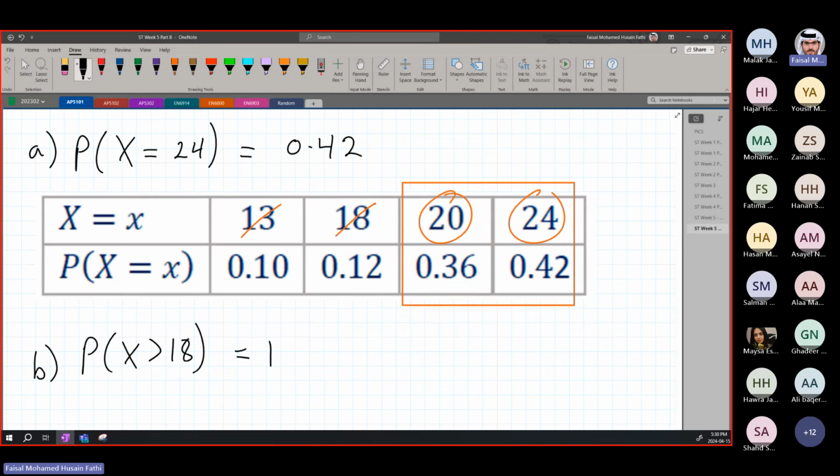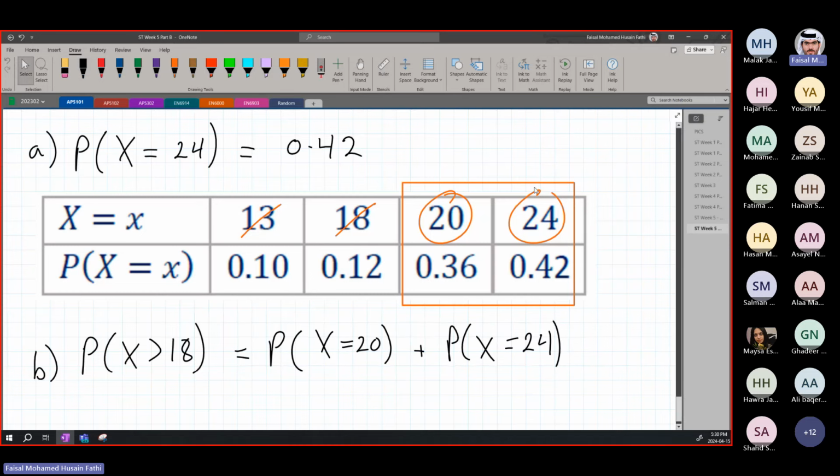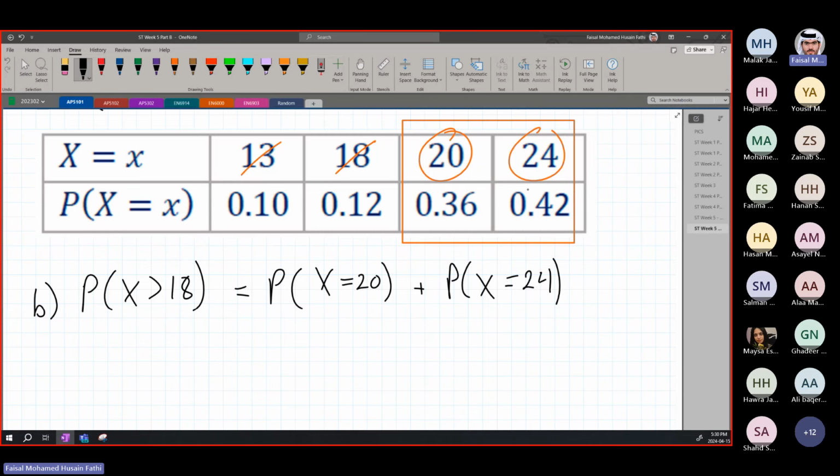So it's the probability of when x, or capital X, is equal to 20 plus the probability of x is equal to 24. All right. So this basically means it is equal to 0.36 for 20 plus 0.42 for 24.